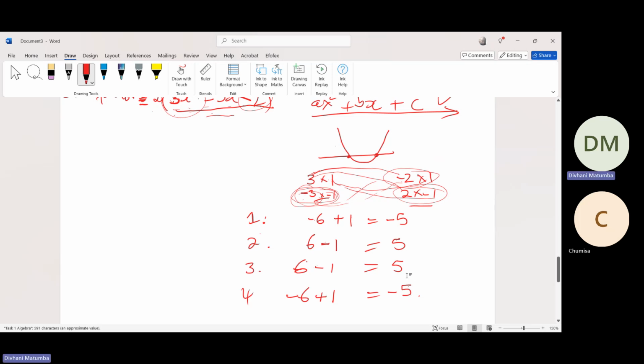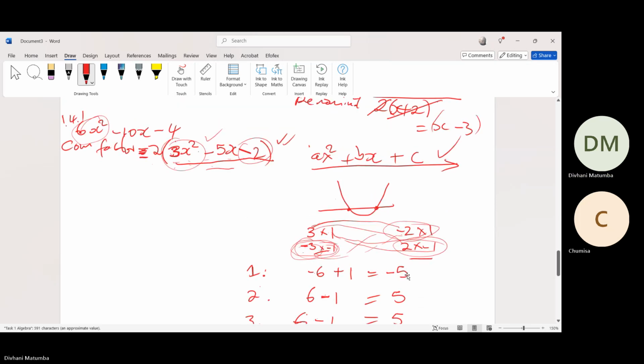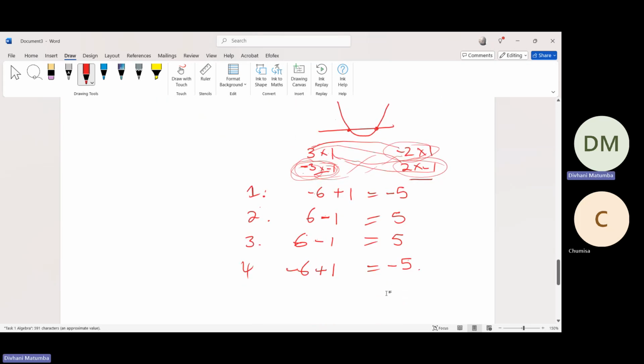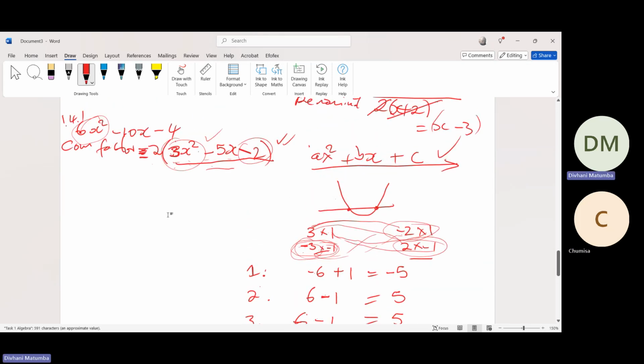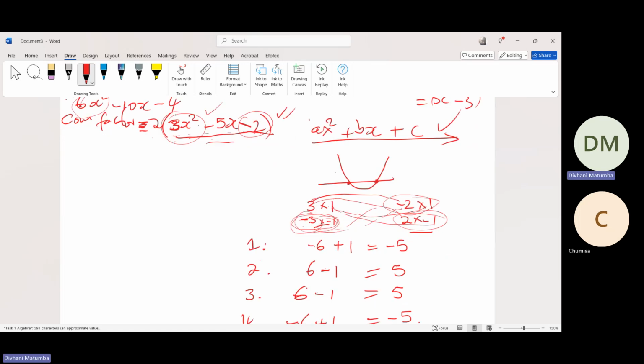Now we have to check which combination we can use in this regard.